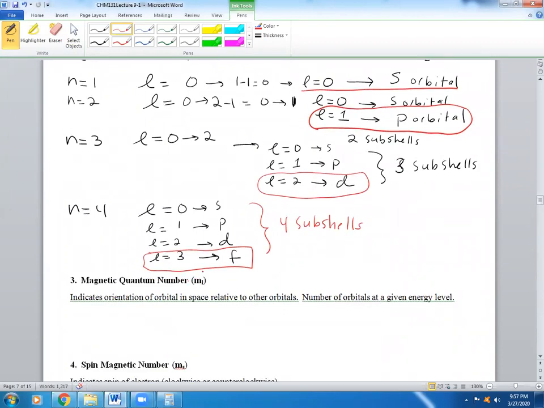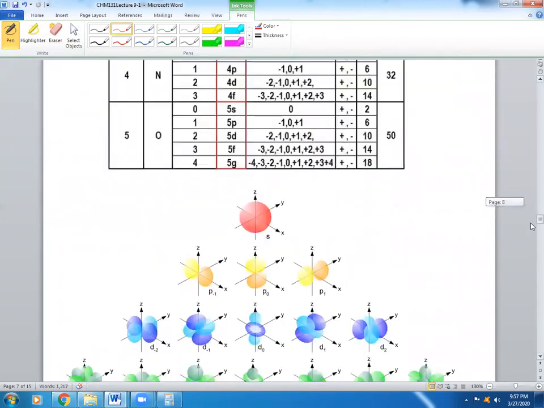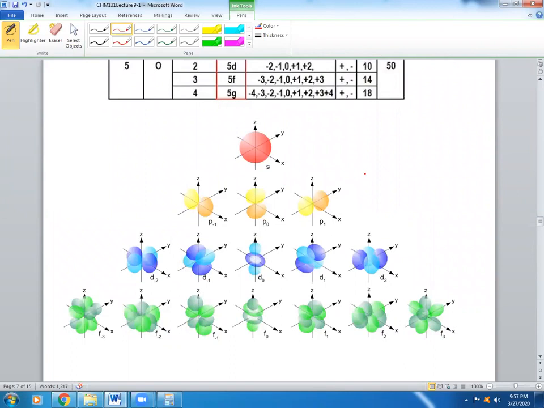Now, let me jump quickly, I'll come back to these quantum numbers, to the shapes. These are the shapes. S is a sphere. P looks like an 8 or an infinity sign. We're going to talk about the numbers that are coming next. And then D looks like a clover leaf, except the one in the middle. It has 4 sides.